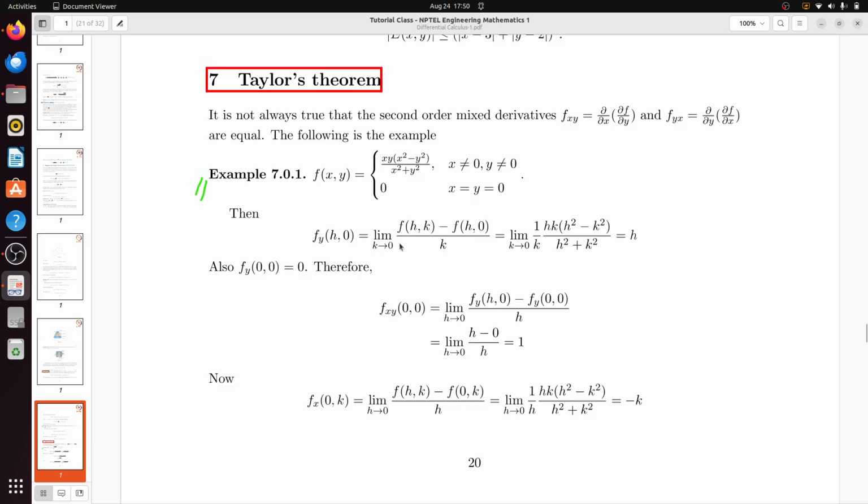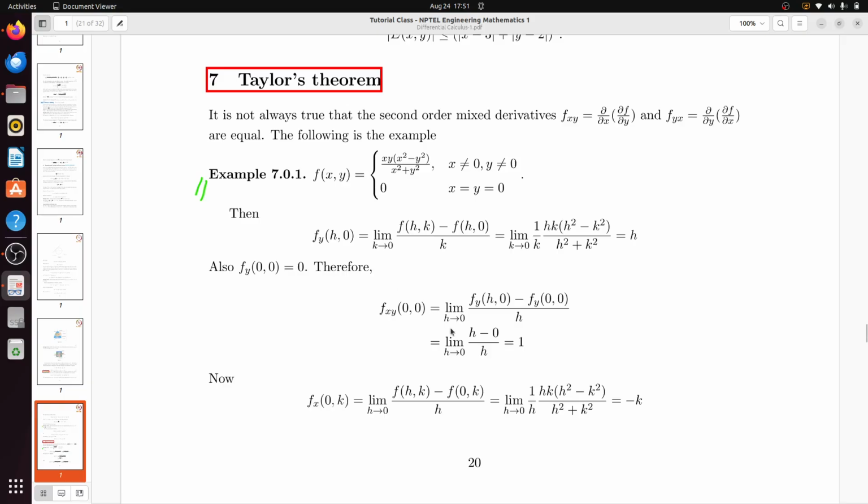So fy(h,0) is the limit as k tends to 0 of (f(h,k) minus f(h,0)) by k. f(h,k) is hk (h squared minus k squared) by (h squared plus k squared), and f(h,0) will be 0. As k tends to 0, you will ultimately get h as the answer. So fy(h,0) is h. Also fy(0,0) you will get to be 0.